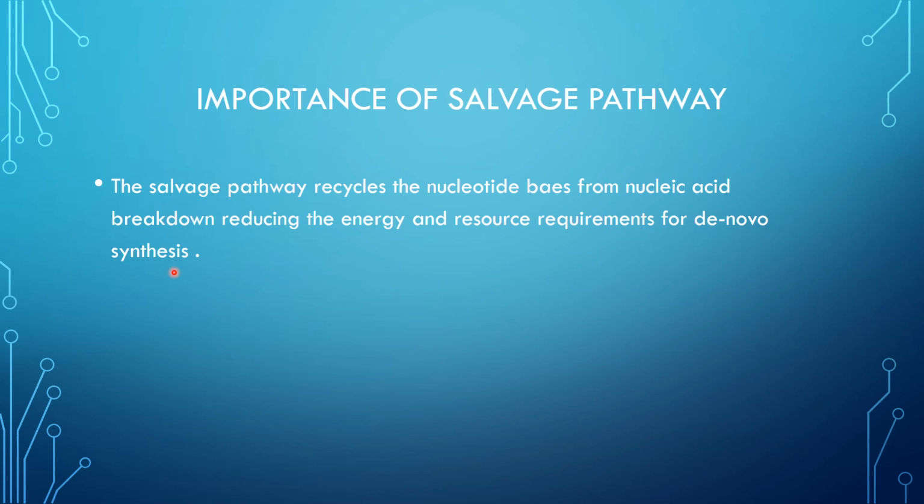In de novo synthesis, nucleotide formation occurs from small precursor molecules that require much energy and many precursor molecules. But during the salvage pathway, the pre-existing nitrogenous bases and nucleosides are converted to nucleotides. That reduces the energy and resource requirements of de novo synthesis.